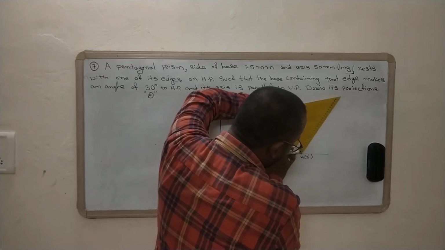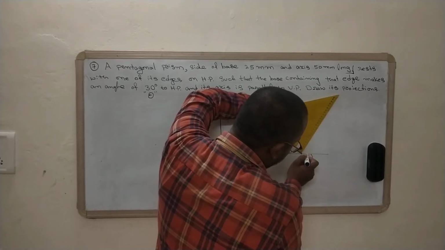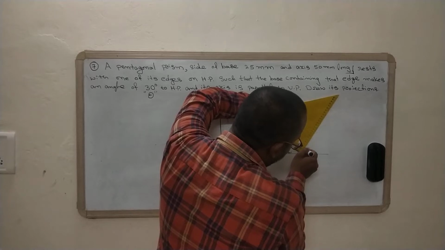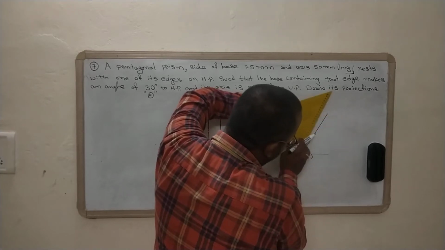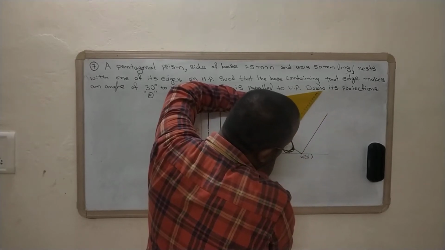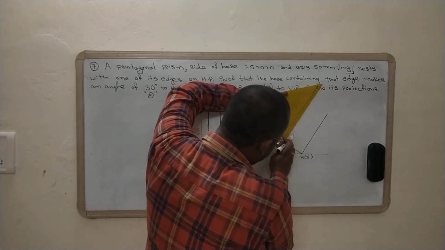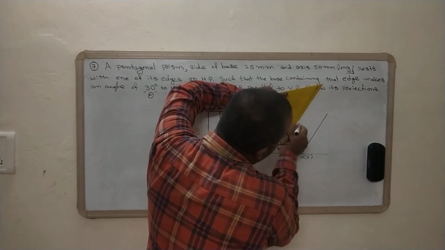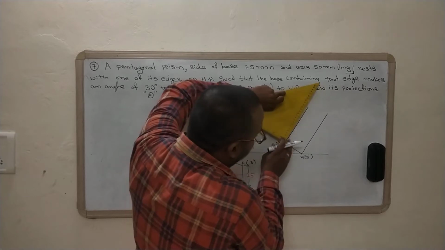Perpendicular lines to the line, height should be equal to the 50 mm.